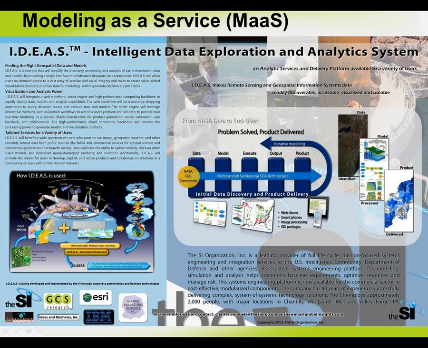So we've been pushing this whole notion of modeling as a service around a consortium of companies that are highlighted in that slide. This slide is available for anybody that wants to see it, and we've been building that.